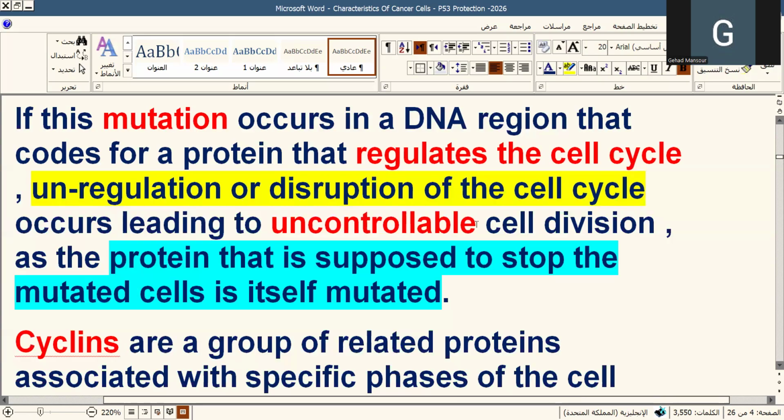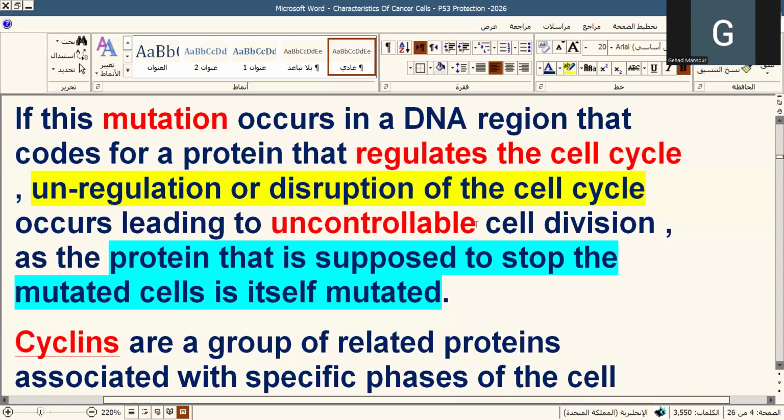And if the cell cycle is not regulated and is out of control, then we will have mutant abnormal cells that are allowed to divide. And not only this, but also the rate of division itself can become uncontrollable.